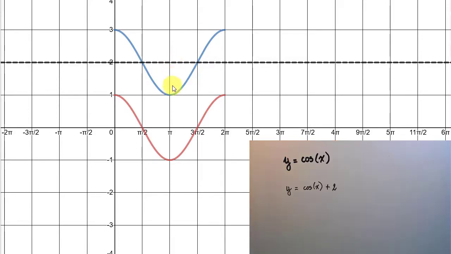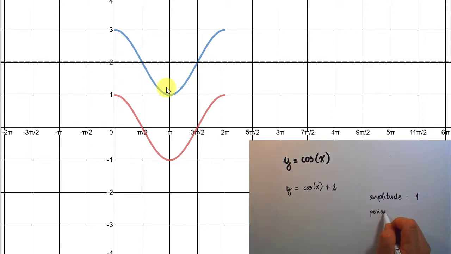That vertical distance remains 1. So on this new function, y equals cosine of x plus 2, we conclude that the amplitude is still 1.